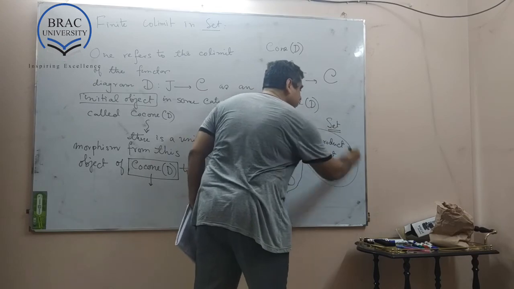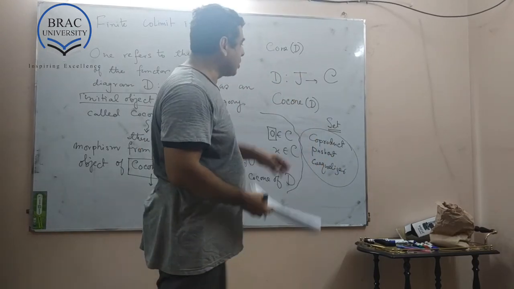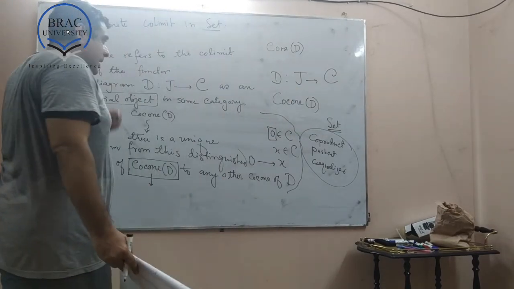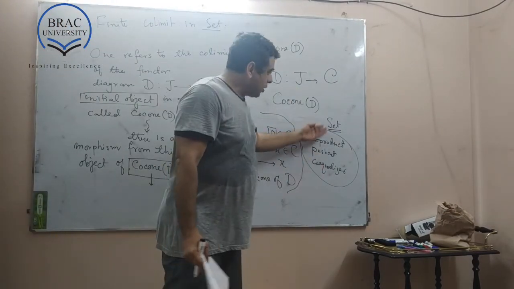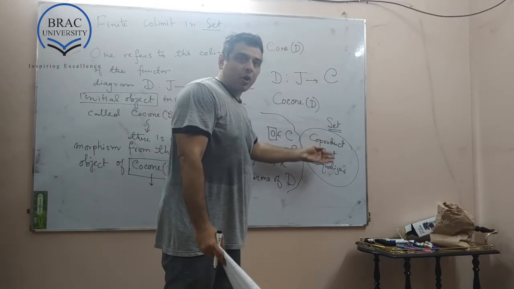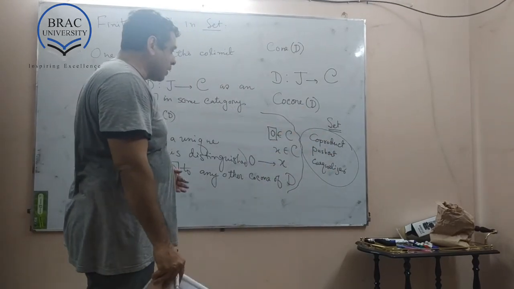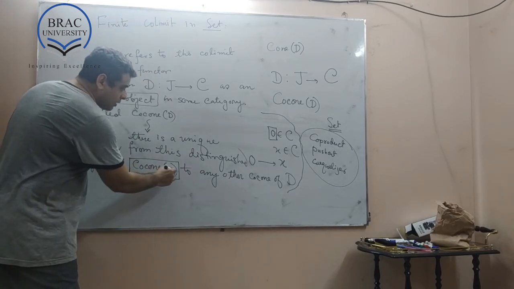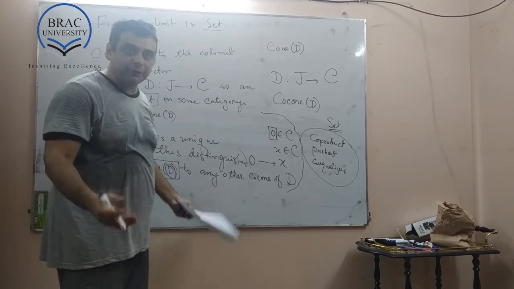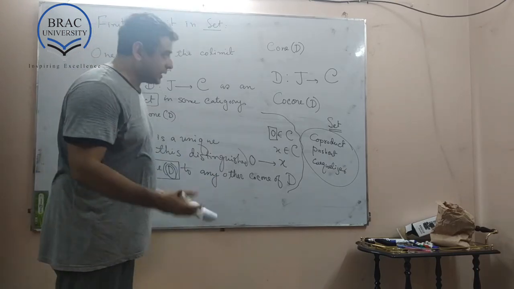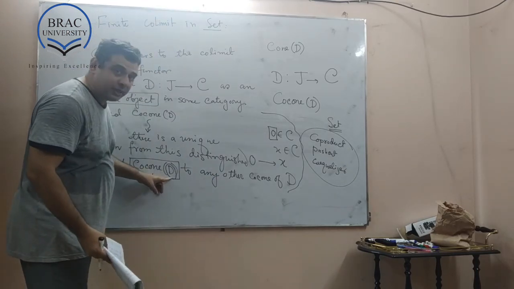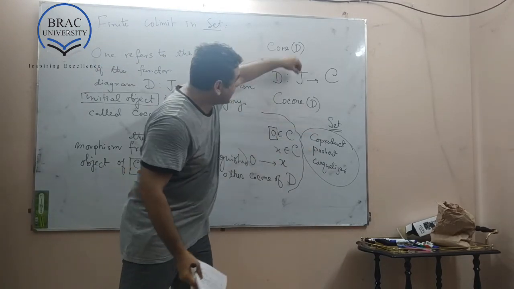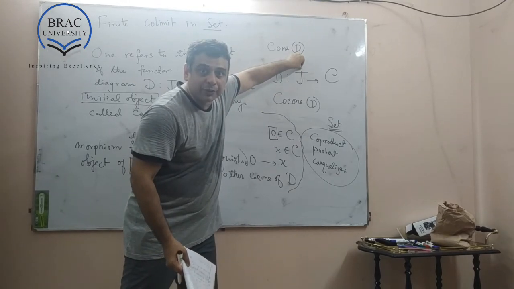These are all examples of finite colimits in the category of sets, and they all are related to the initial object of some category called cocone D for different diagram functors, by which we mean that for these three cases, the index category will be different. Okay.